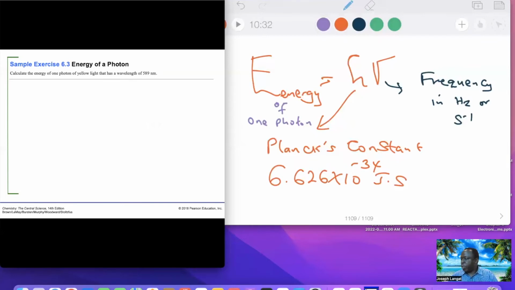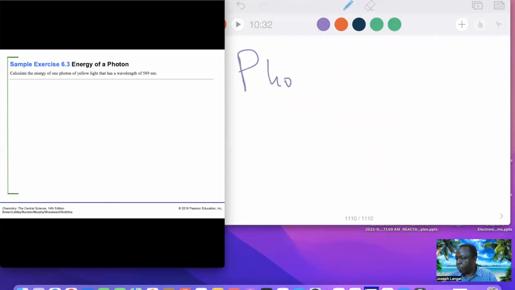Before we do that, a photon is simply a packet of light.